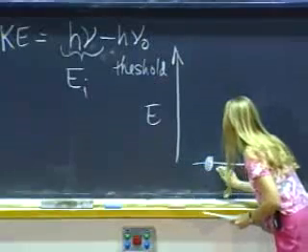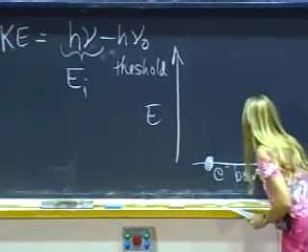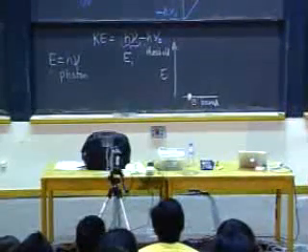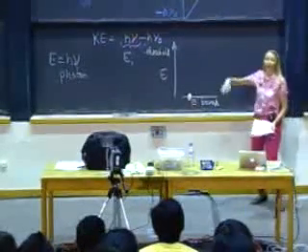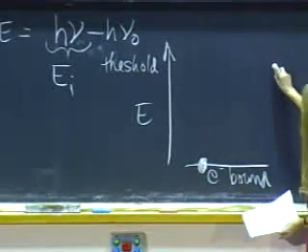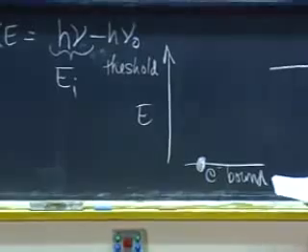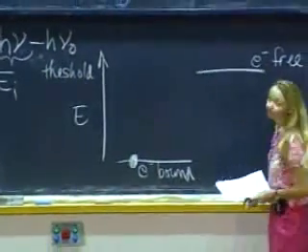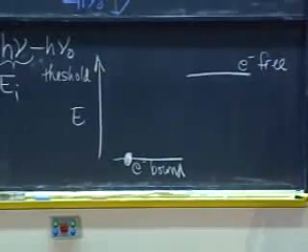This is an electron here bound to the metal. And we know that it takes some energy to rip this electron off of the metal. So up here at higher energy is going to be our free electron, not bound to the metal anymore.